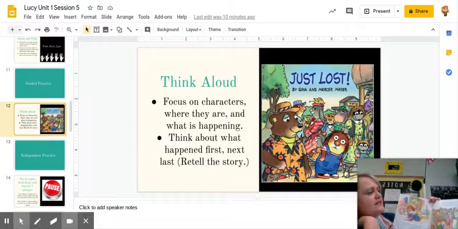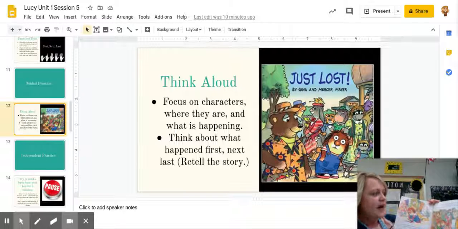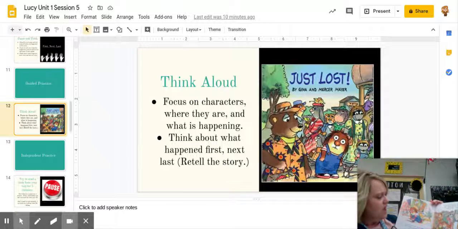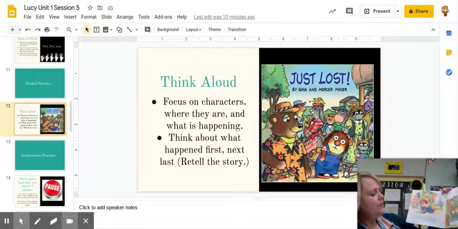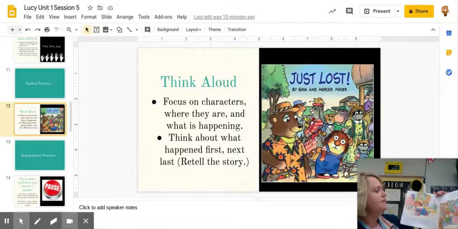The next page says there was such a big crowd that I could barely see anything. Mom said, stay close by me so you won't get lost. When we were right in the middle of the crowd, I noticed that my shoe was untied. I tied it so I wouldn't trip.